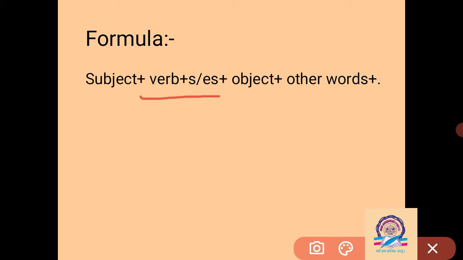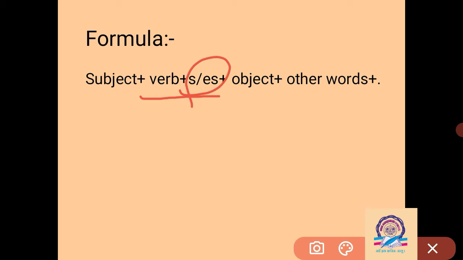It means we do not apply s or es. But if the subject is he, she, it, or one singular noun, then we have to add s or es after the main form of the verb. For any other subject we write the main form of the verb.